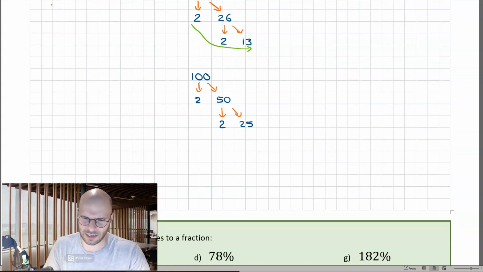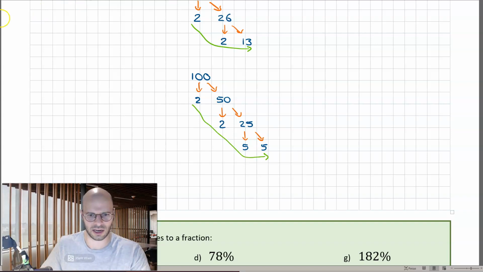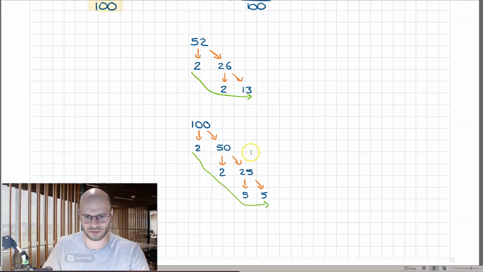Next, we look at the next prime number, 3. Can we divide 25 by 3? Again, we could, but it wouldn't be a whole number. Next, we look at 5. Can we divide 25 by 5? And yes, we can. We get 5 and 5. So subsequently, we discovered that the prime factors of 100 are 2, 2, 5, and 5.